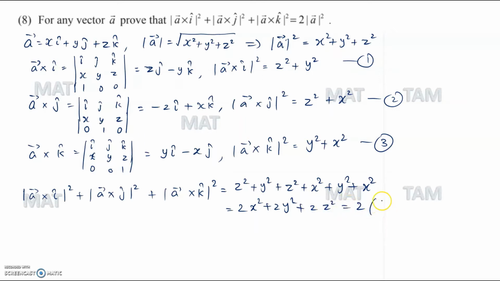So taking 2 as a common factor, 2 into x squared plus y squared plus z squared, and that is equal to our A vector squared here. So it's equal to the magnitude of A vector squared. Therefore, LHS is equal to RHS, and hence the proof.